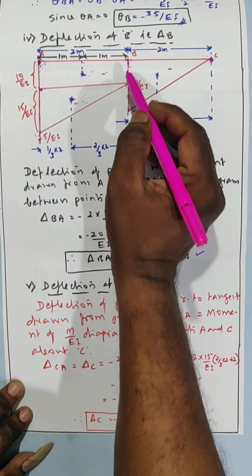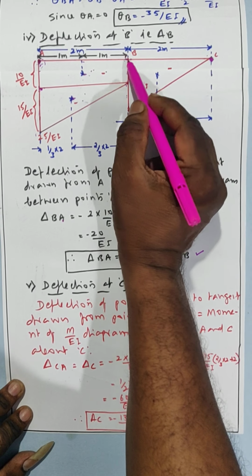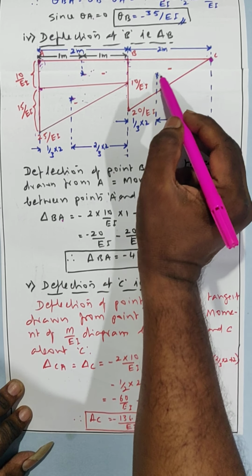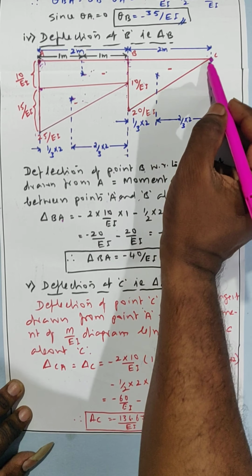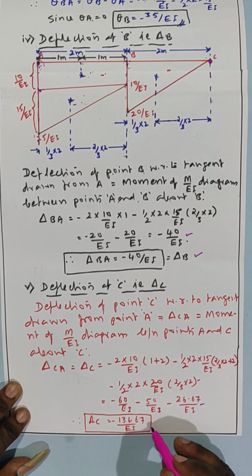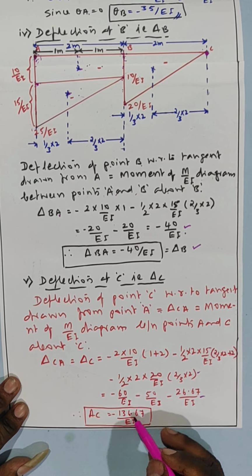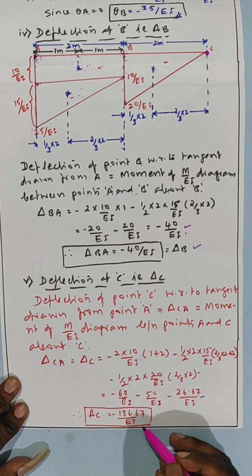Now one more triangle is remaining here. Moment of this triangle, half into base into height, half into 2 into 20 by EI into its CG distance from C, which is 2/3 of 2. From this directly we are getting deflection at C, delta C equal to minus 136.67 by EI.